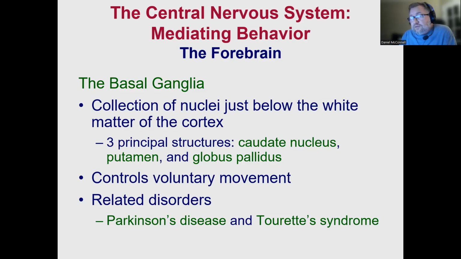Likewise, with Tourette syndrome, one of the particular hallmarks of Tourette syndrome are movement tics. Again, these kind of extraneous little movements, sometimes in the face, but can involve the hands as well, or head and neck. And again, these would be things that would normally be inhibited, but because of some irregularity within the basal ganglia, they are no longer being inhibited.